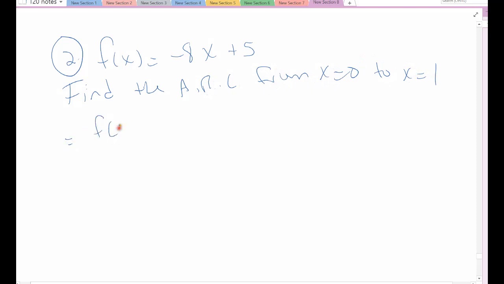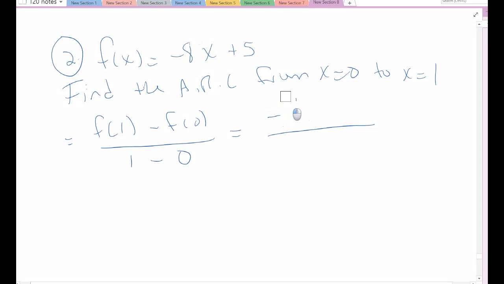So I'm going to find f of 1 minus f of 0 all over 1 minus 0. First I plug 1 in, so I get negative 8 times 1 plus 5. Negative 8 times 1 is negative 8, plus 5.